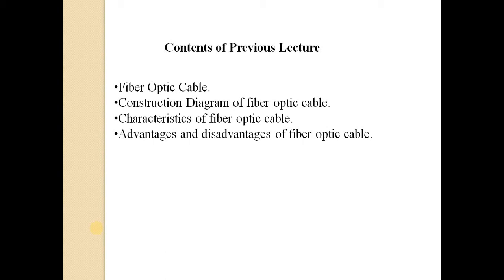Disadvantages of fiber optic cable: installation and maintenance require expertise that is not yet available everywhere, the propagation of light is unidirectional, the fiber optic cable is more expensive, and there is a limited physical arc of a cable.